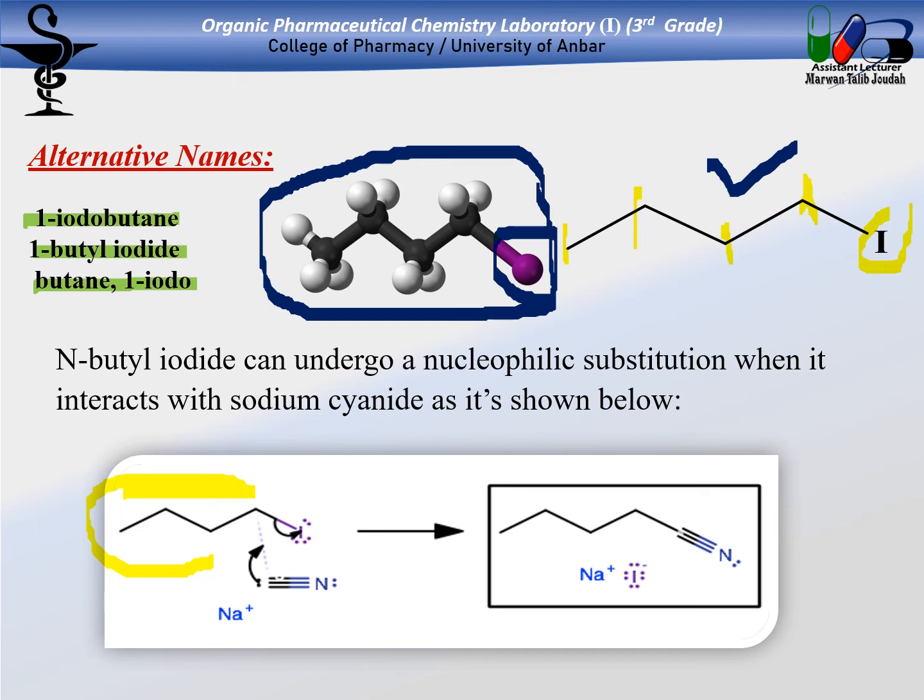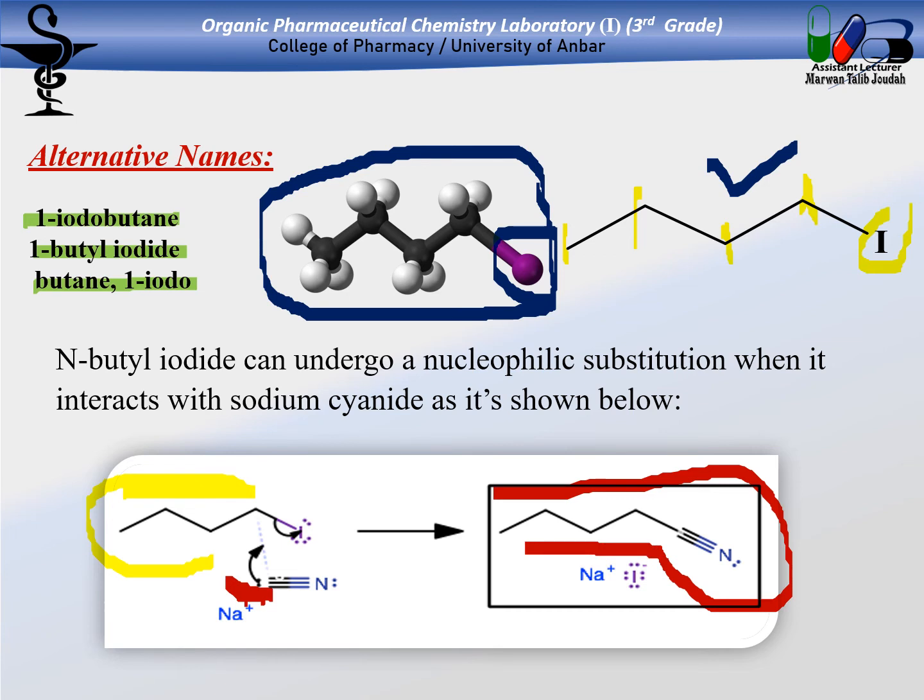So the pair of electrons on the carbon of the cyanide right here would attack the carbon bonded to the iodine, and at the same time the iodine will go away and it will kick it out in order to form a molecule as it is shown right here on the right side, okay?